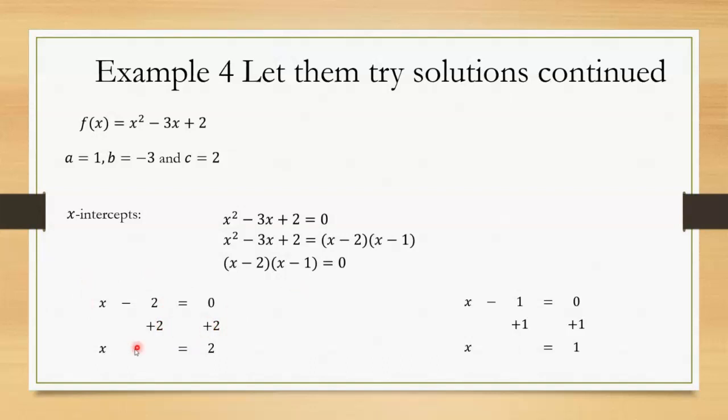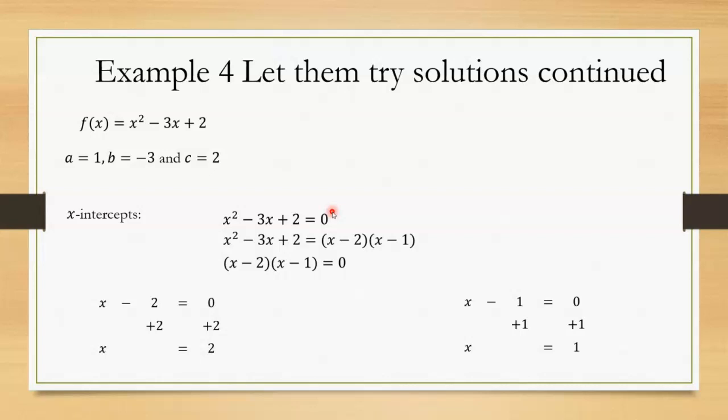We can add 2 to both sides. You get x equals 2. So 2 is an x-intercept. Here we have x minus 1 is 0, so we can add 1 to both sides. We get x equals 1. So this tells us that 1 and 2 are the two solutions to this equation. Hence, they're the two x-intercepts.